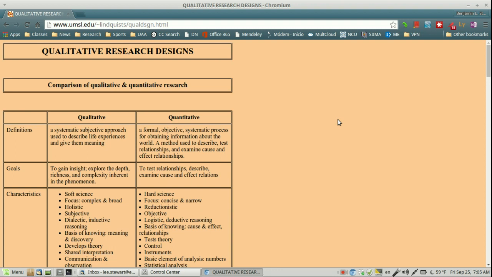But do keep in mind that you are developing a literature review around a future project that you're going to do yourself, which in most cases will be a qualitative research design. So I want to make it clear that if you are setting out to do a qualitative research design next semester, that doesn't mean that you only need qualitative research models or studies as part of your theoretical framework.